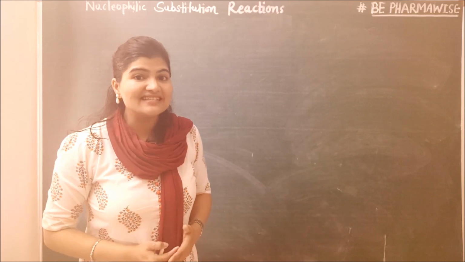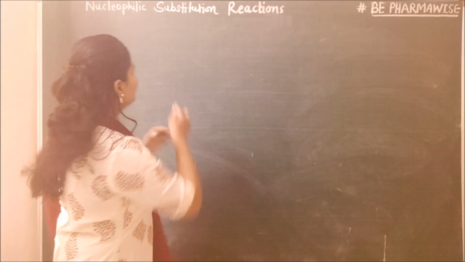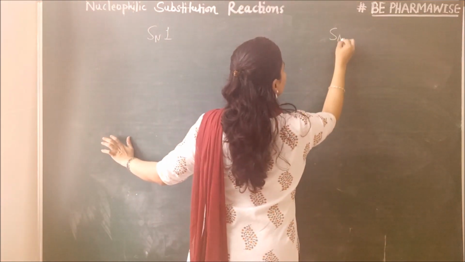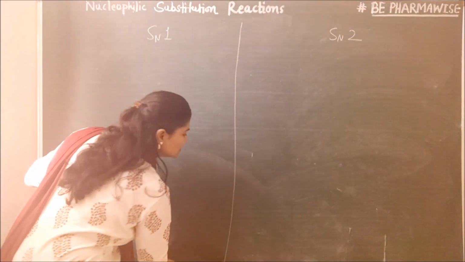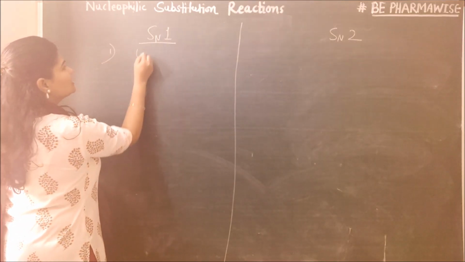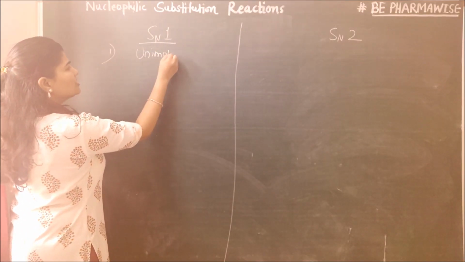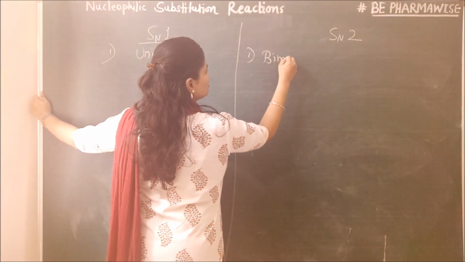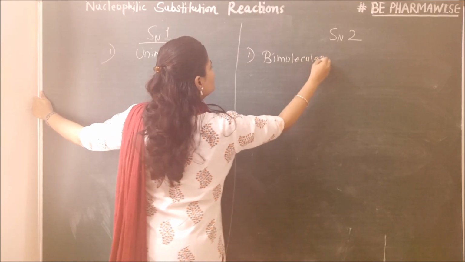So now let's discuss the differences between SN1 and SN2. So I will write SN1 here and I will write SN2 here and we will study the differences. The first difference is this reaction is unimolecular and here it is bimolecular. This is the first obvious difference.